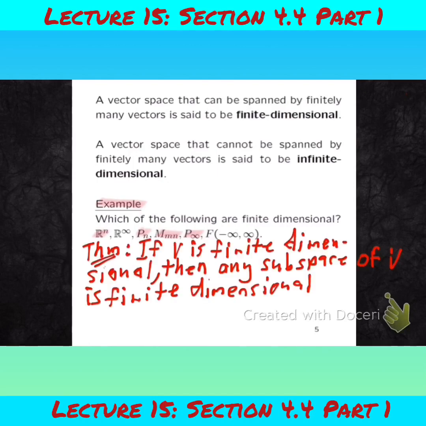Alright, so there we've got the theorem. If V is finite dimensional, then any subspace of V is finite dimensional. So how can I now apply that to show the dimension of F(-∞, ∞)? Well, let's assume that F(-∞, ∞) is finite dimensional.